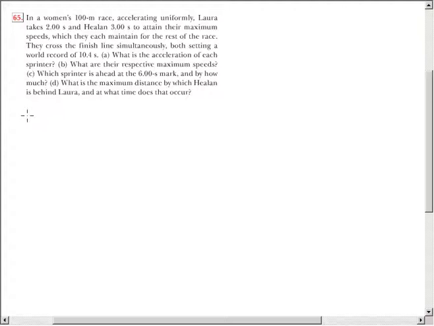We can describe it by the equation x equal x_a, the position reached during the acceleration phase, plus Vmax times the time minus the acceleration phase time, or the time through which the runner is moving with constant velocity.